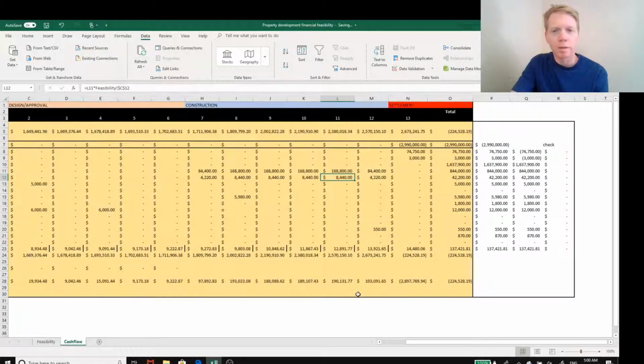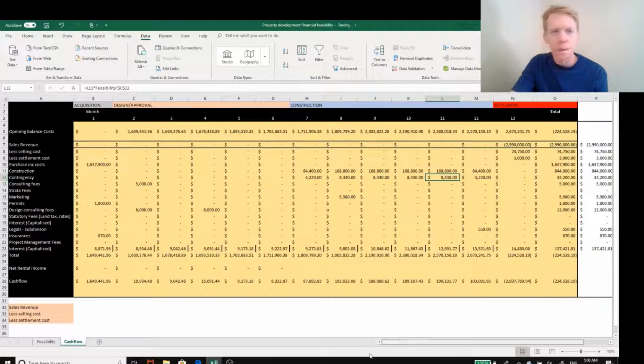And because I've done it over 12 months, I also like to quickly model in a cash flow. This helps with the actual allocation of interest, and what the major cash flow outflows would look like over the 12 months. So this comes back to a tool that you can use later when you're actually managing the project, when you're drawing down on a line of credit, or you're getting a construction loan that has various steps.